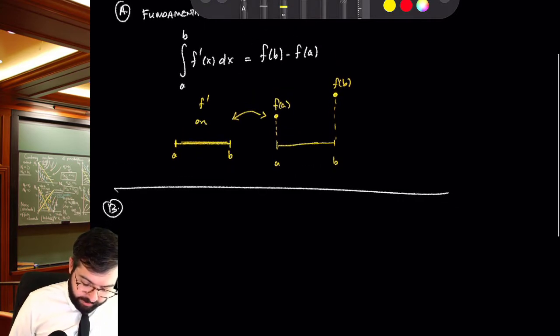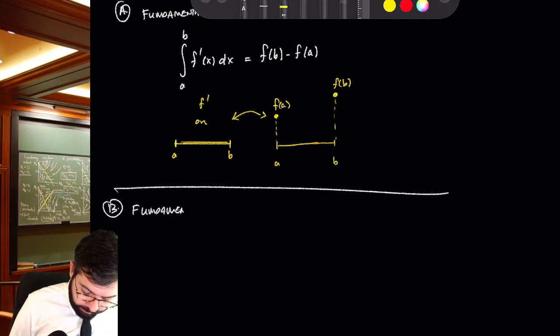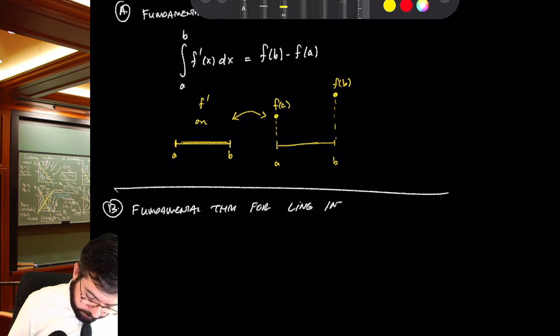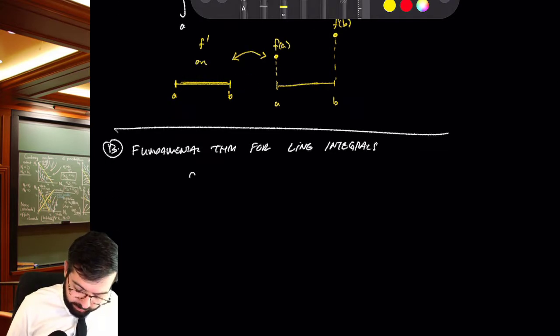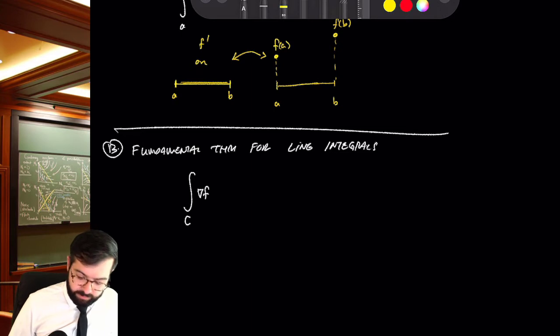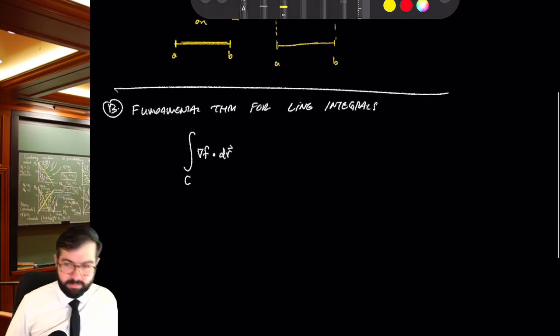The next version we saw of this was the fundamental theorem for line integrals. This had a similar theme to it. It said, if we integrate over a curve the gradient of some function f dot dr. Well, what's the gradient?